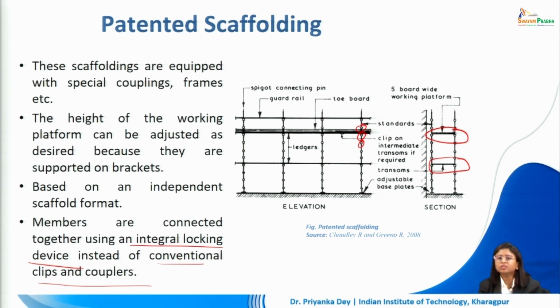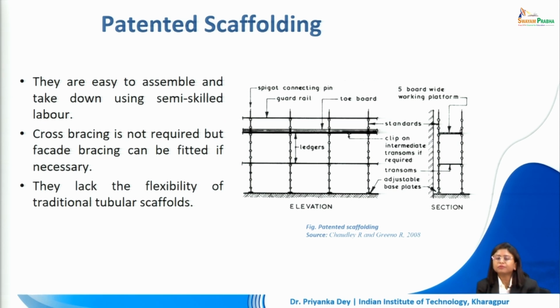Here we are using integral locking devices at regular intervals to secure the position of these members. Now patented scaffolding are very easy to assemble and they are also easy to take down after the construction work is done. We can use even semi-skilled laborers, so it's not that because it's patented scaffolding we will require very specialized workmen to set this up or dismantle it on site.